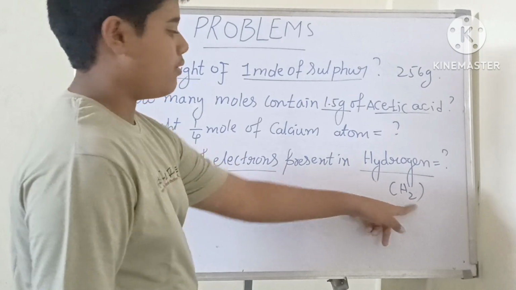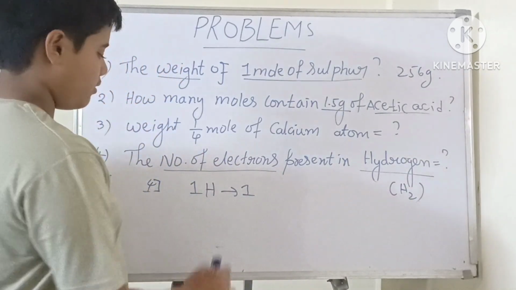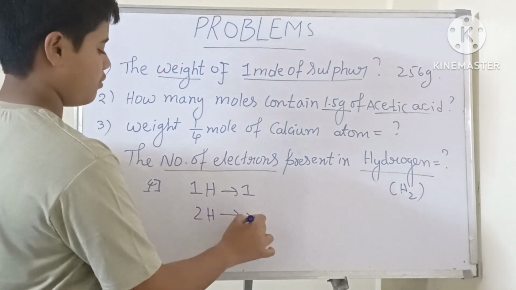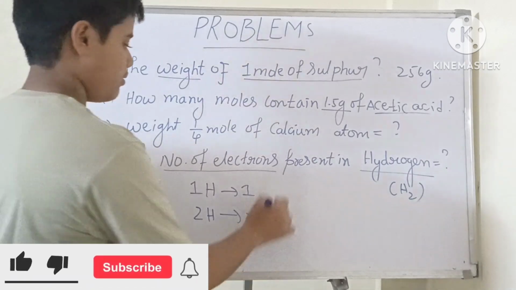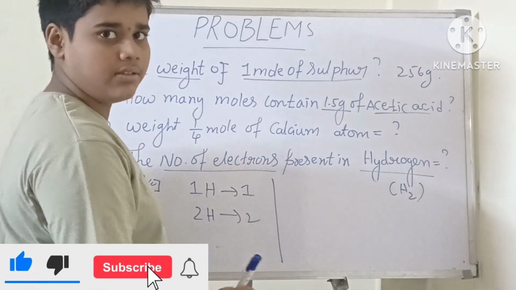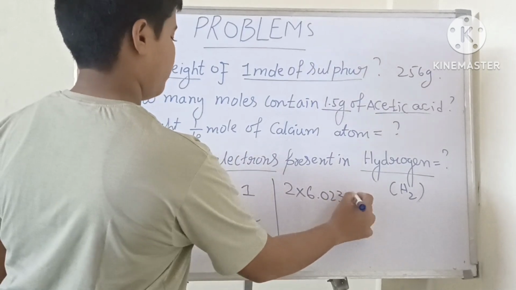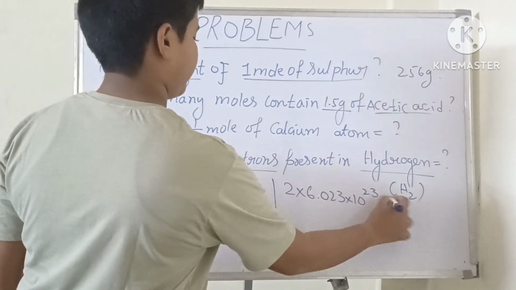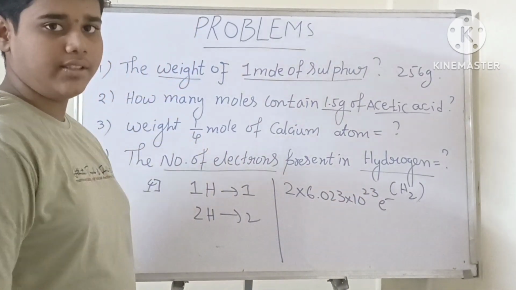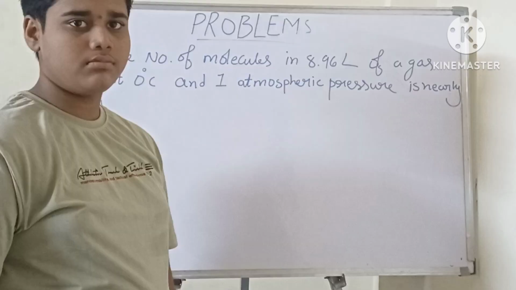So mostly we have to take H2 only. So here 2 hydrogens means 2 electrons. So the number of electrons is 2 into 6.023 into 10 power 23 electrons. Okay. So this is the fourth sum.